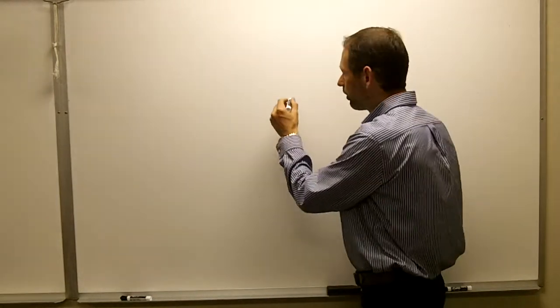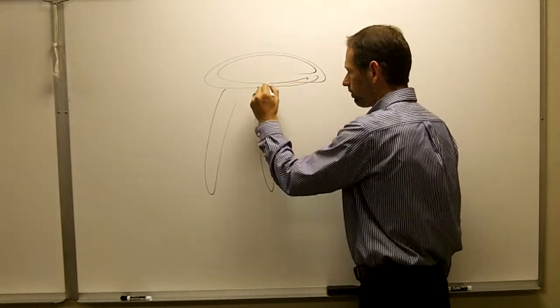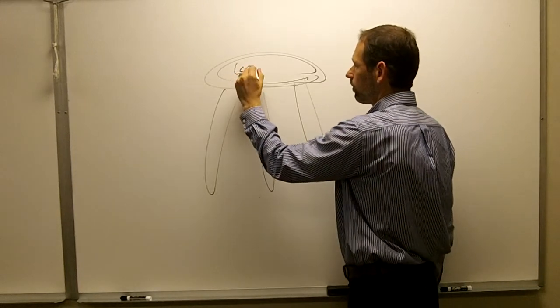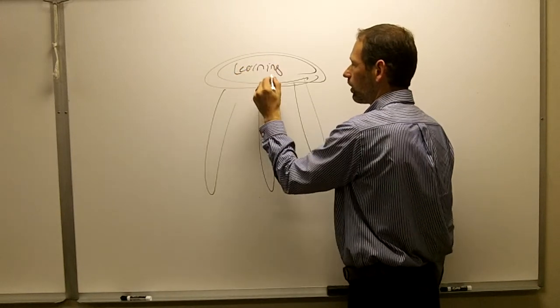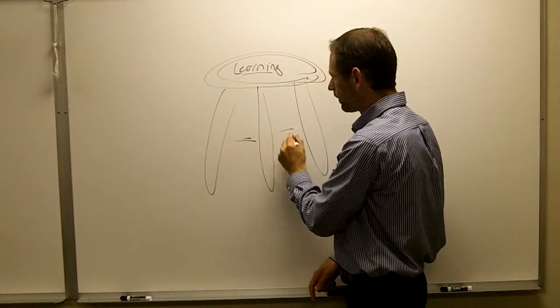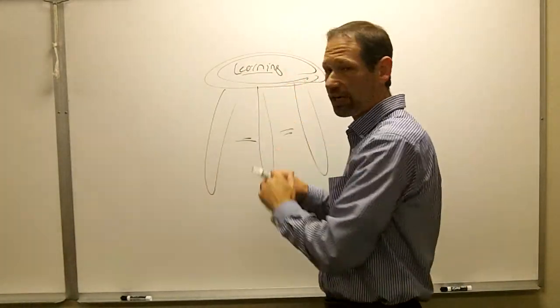So these three domains you can consider almost to look like a three-legged stool. So here's a three-legged stool. In this case, learning in this metaphor is not the seat. Learning is sitting on the seat.